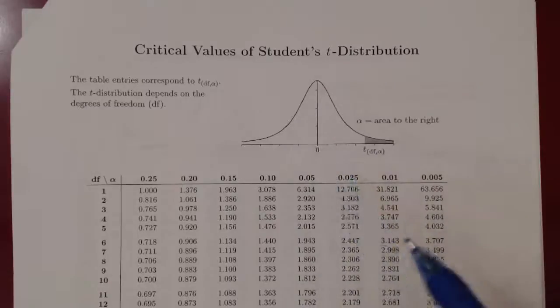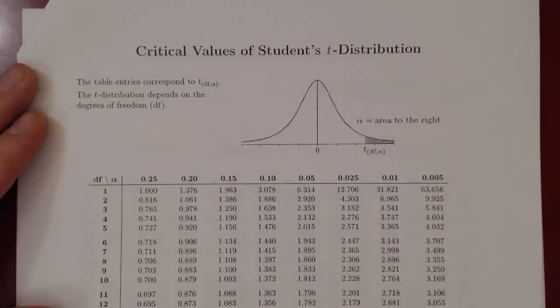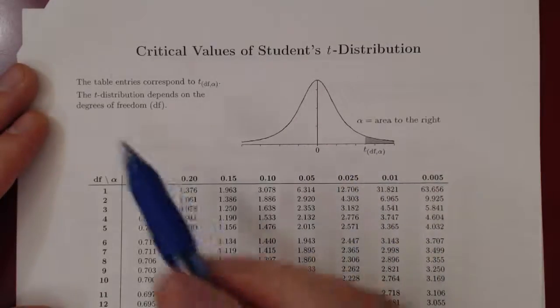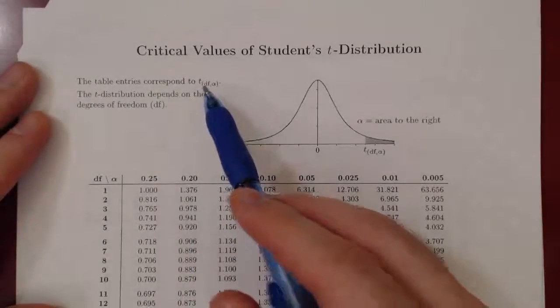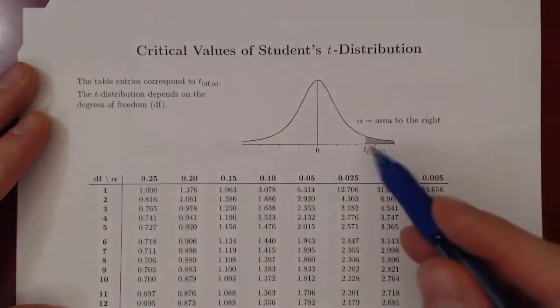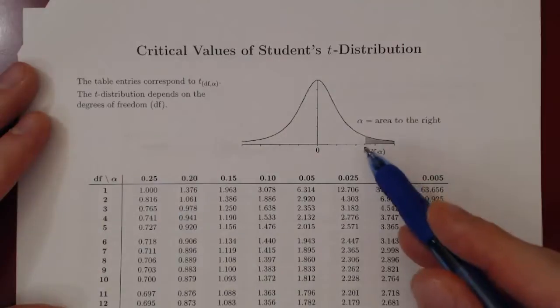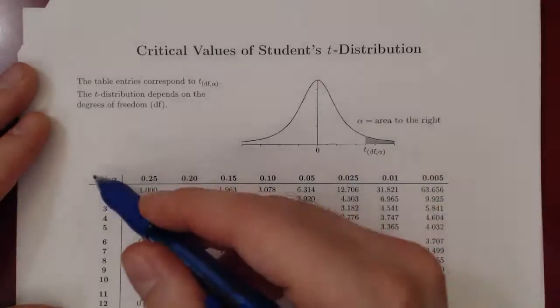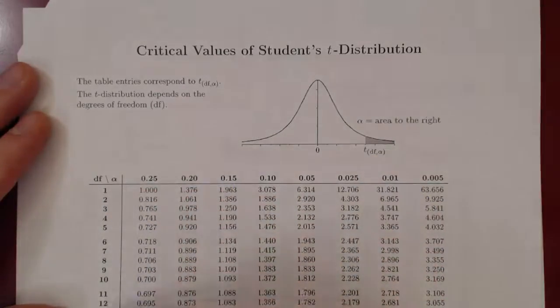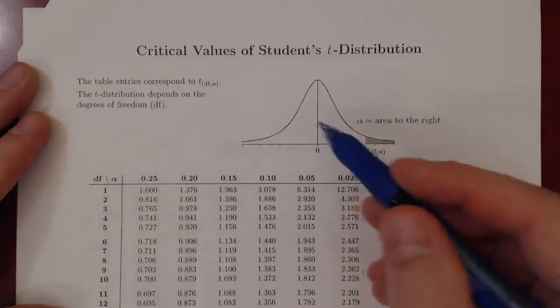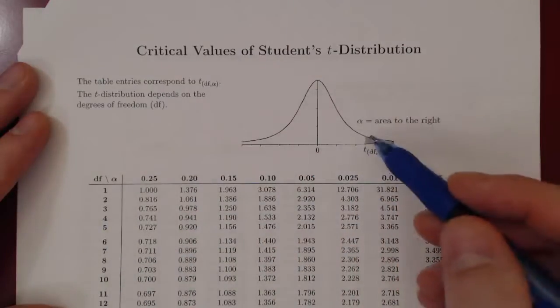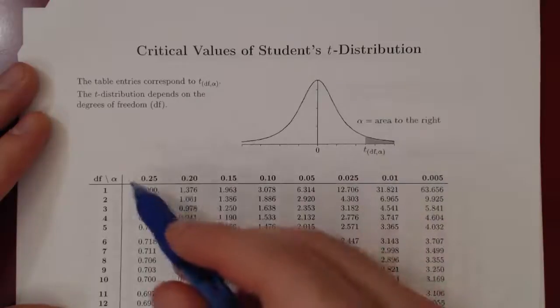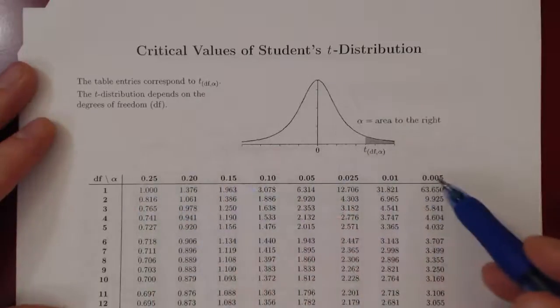The mean is 0. And now the table entries are the t-scores. So these values are the t-scores. And to find the t-score, you need two things. df, the degrees of freedom on the left-most column, and alpha is the area to the right of the corresponding t-score, which are given in the top row.